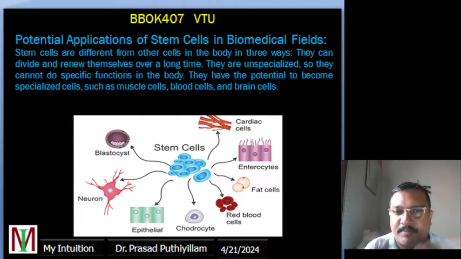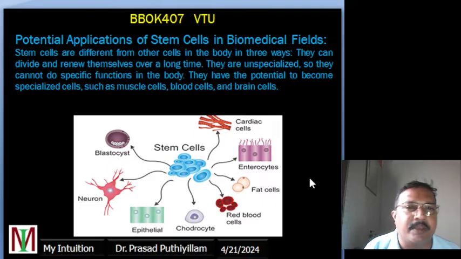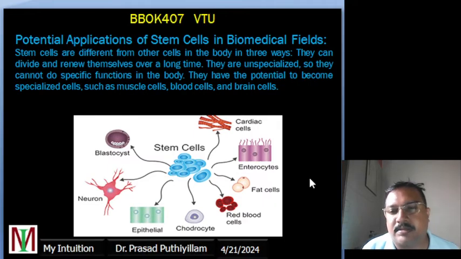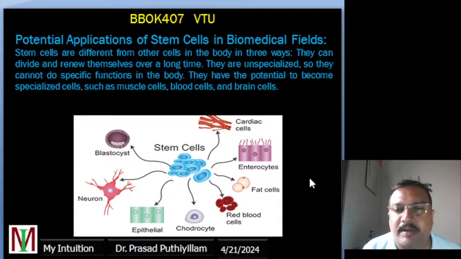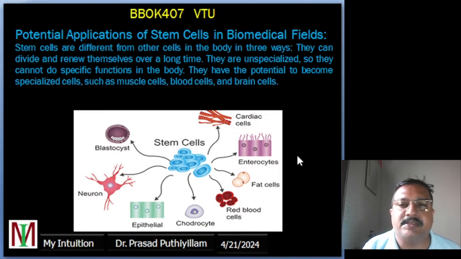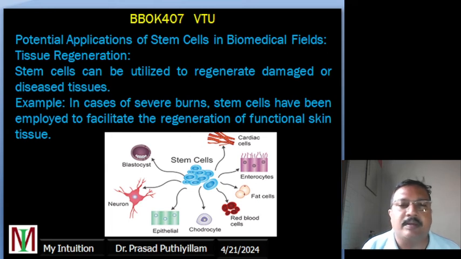So they have the potential to become a specialized cell, like a muscle cell, a brain cell, or a blood cell, whatever cell. These are actually growing cells which are taken from living tissues and kept separately in the lab, and whenever needed, they are used to develop a particular functioning cell which is in need.